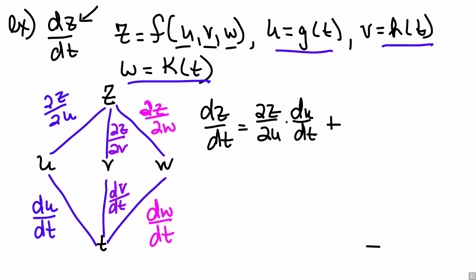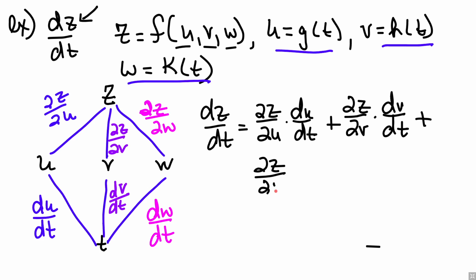Going straight down the middle, I have the partial of z with respect to v times dv dt. Plus, then the right side: the partial of z with respect to w times dw dt. Any questions?